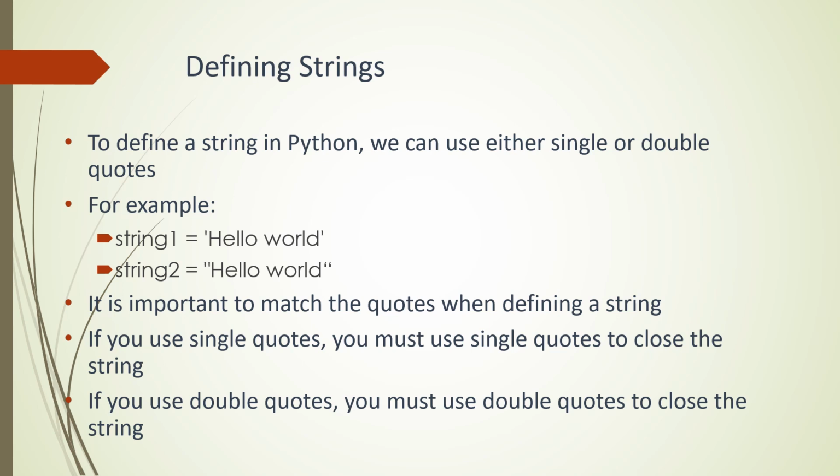If you use a single quote to start the string, you must use a single quote to close the string. If you use a double quote to start the string, you must use a double quote to close the string. If you need to include a quote character within a string, you must use the other type of quote to define the string.